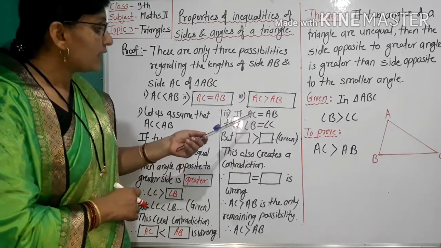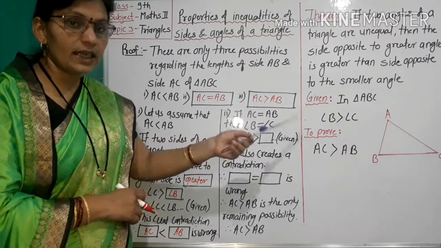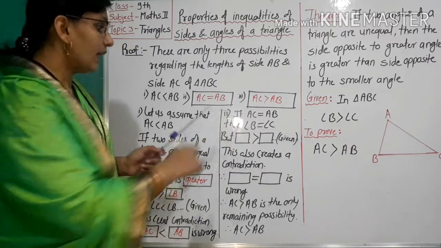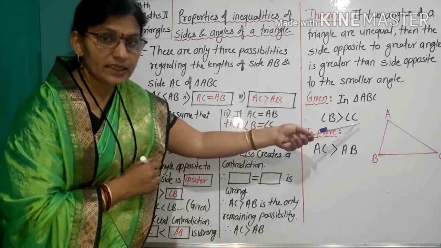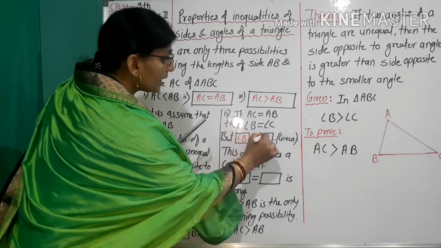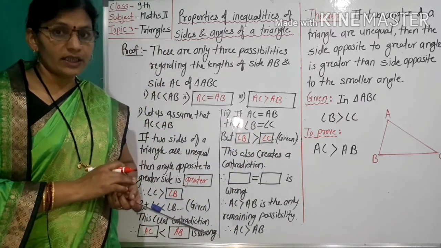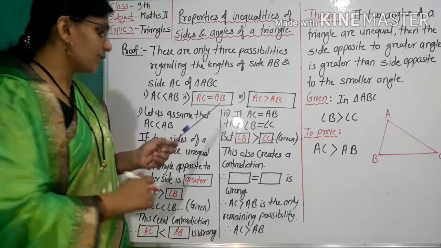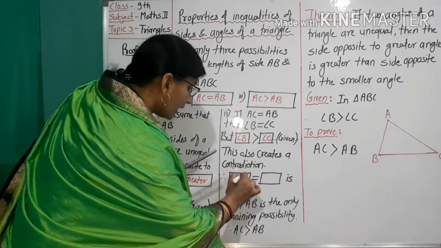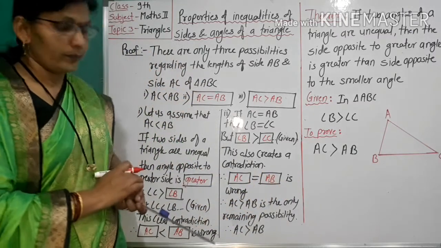So the opposite angle of AC is angle B, the opposite angle of AB is angle C. These two angles are equal. But it is given that angle B is greater than angle C. So write down here angle B greater than angle C. This also creates a contradiction. Therefore, our second assumption, that AC equals AB, is wrong.